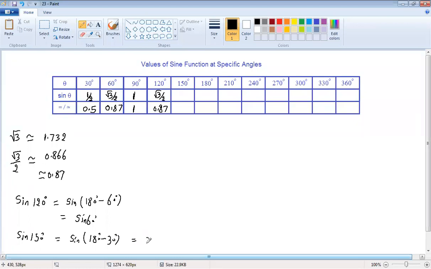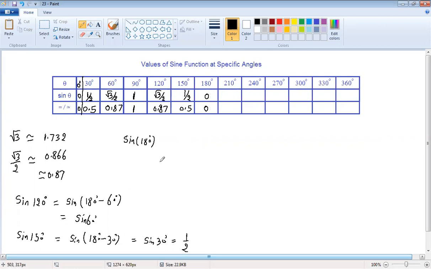This is equal to sine of 30 degree. That is equal to 1 by 2, which is in the decimal form 0.5. Sine of 180 degree, we have found already. Sine of 180 degree is 0. Exactly equal to 0. Y coordinate is 0 for 180 degree. Just like sine of 0 degree, I have not made the column for 0 degree, I make here. Sine of 0 is 0. Sine of 180 degree is 0 back.